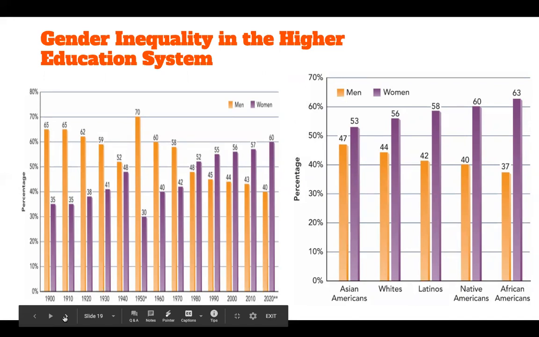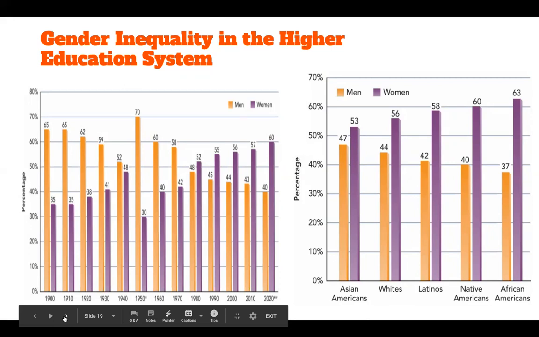Gender inequality in the higher education system is probably the one arena in life where we are starting to see the elimination of a lot of inequality. And that is because you can see that beginning in the 70s and 80s, we start to see a flip where instead of men out-enrolling women in college, women begin to out-enroll men.